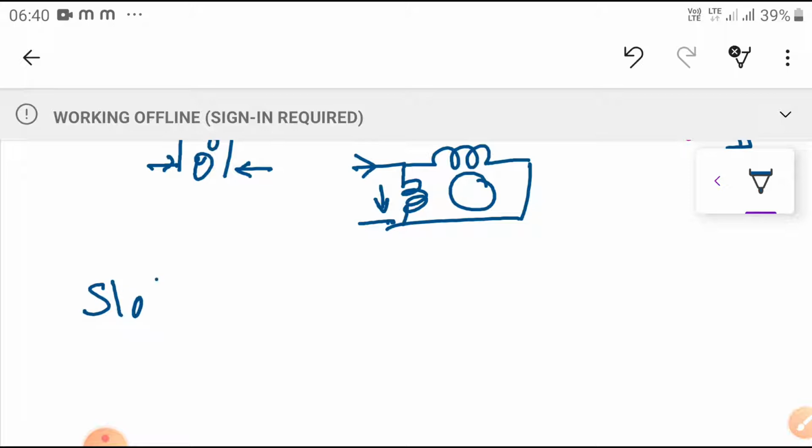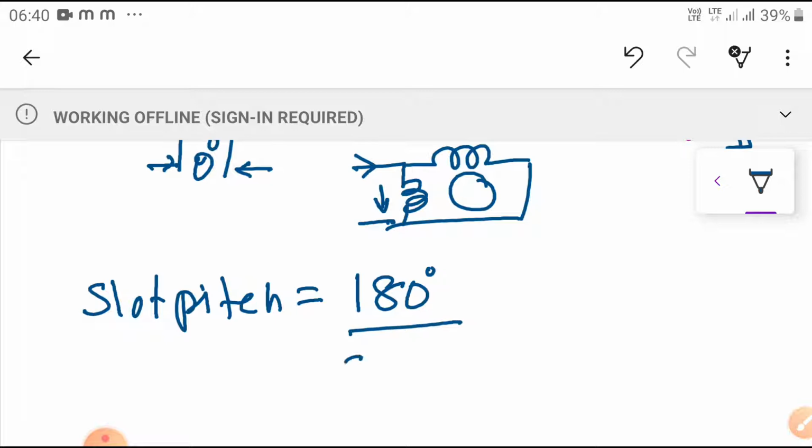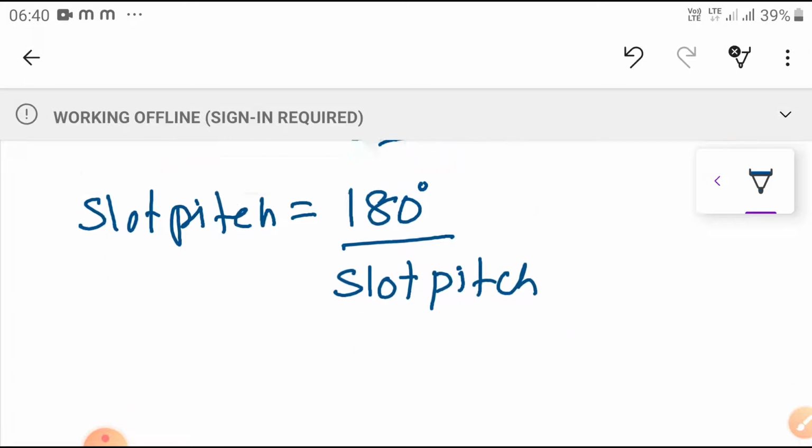The slot pitch angle is equal to 180 degrees, the phase displacement between the two coil sides, divided by the slot pitch. And what is the slot pitch?